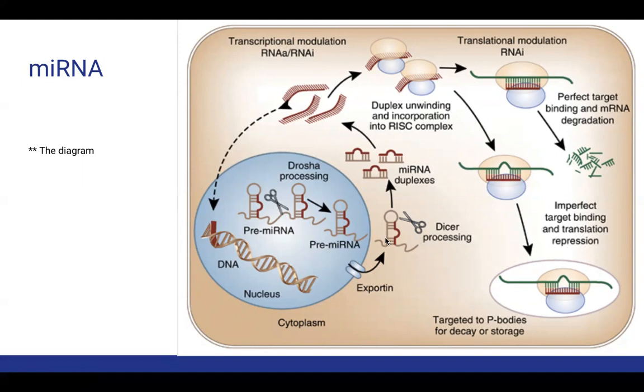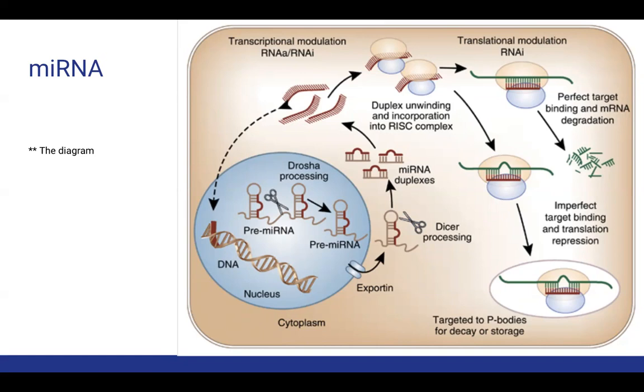And then Dicer, which is like a pair of scissors, in the cytoplasm will process and chop up this pre-miRNA into smaller pieces called miRNA duplexes, as you can see here. But these are still double-stranded, and then RISC will bind to the miRNA and unwind these two strands, and then it'll use one as the guide strand.